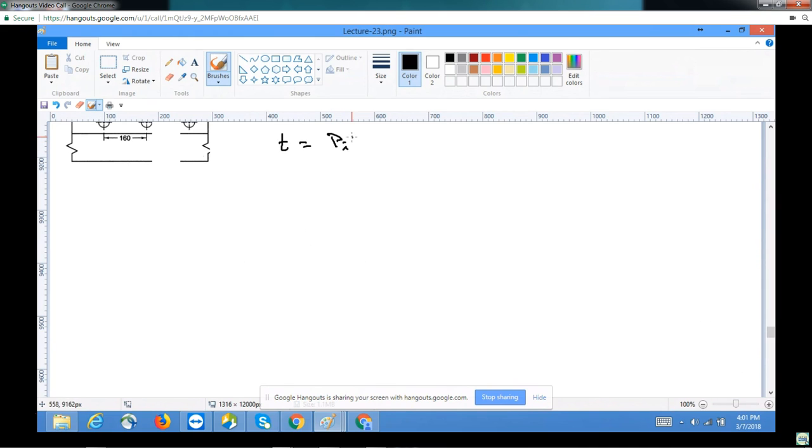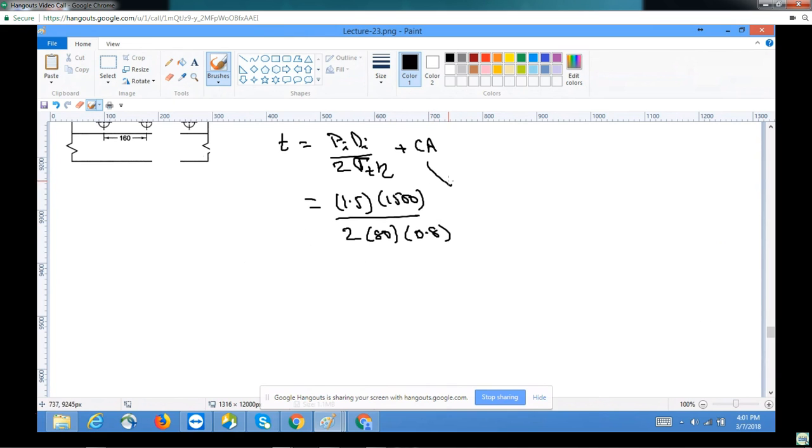T is given as p di divided by 2 sigma t efficiency plus corrosion, where p is 1.5 in terms of MPa: 1500 divided by 2 divided by 80 divided by 0.8. Let us give corrosion as 2 mm. So that will give you 19.58, which will approximate to 20 mm.